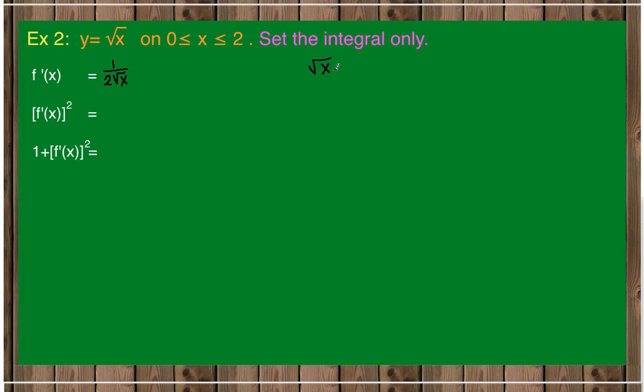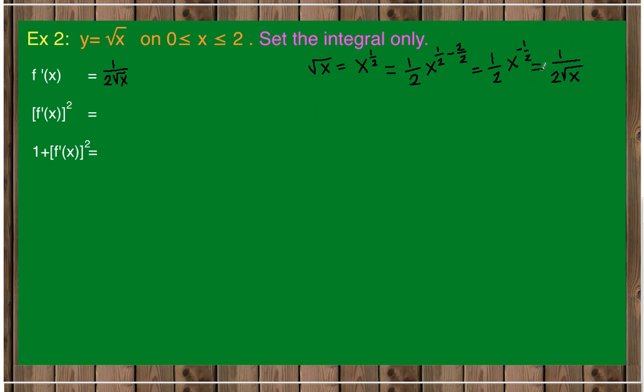Square root of x is x to the 1/2. According to the power rule, you bring the power to the front and subtract 1 from the power. 1/2 minus 1, which is 2 over 2, gives x to the negative 1/2. If you make that power positive, you put x in the bottom, so it's 1 over 2 times square root of x.